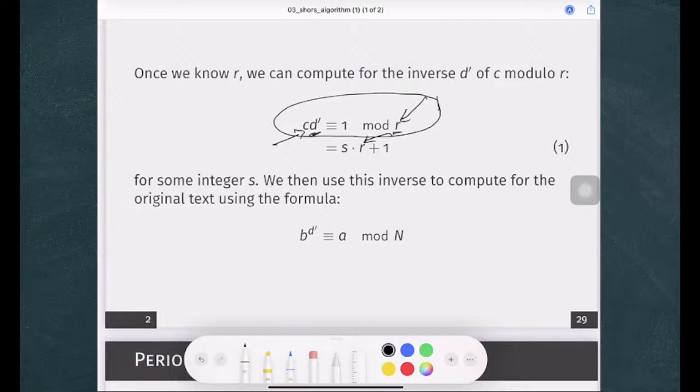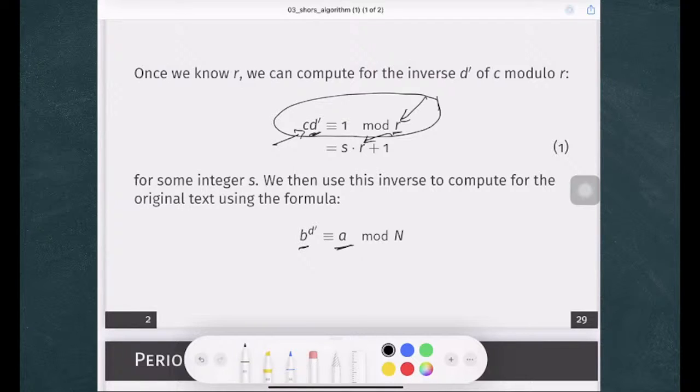It's called the Euclidean algorithm, so you can solve for that. Once you get the inverse, given the ciphertext, you just raise it to the power D prime modulo N, and whatever is the remainder is your original text. It's your plain text.